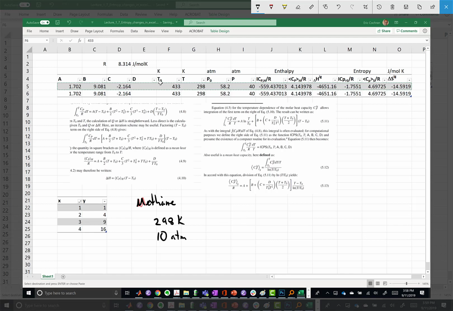Wait, hold on. I want to go to a final temperature that's unspecified. We'll get to that in a second here. A final pressure of 40 atmosphere.